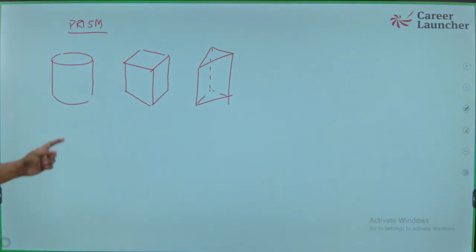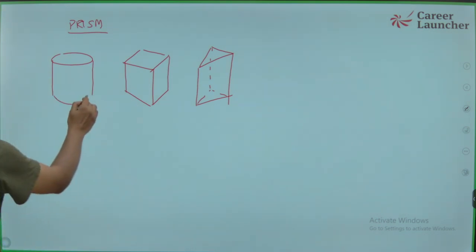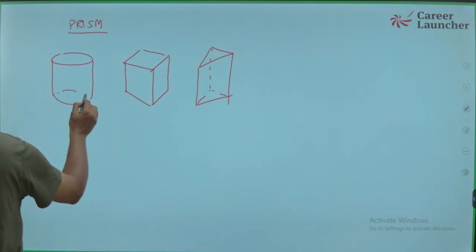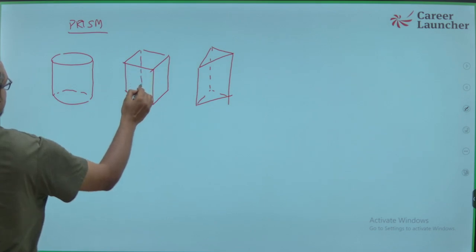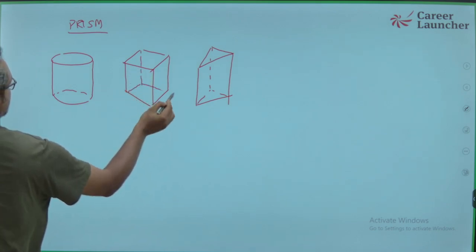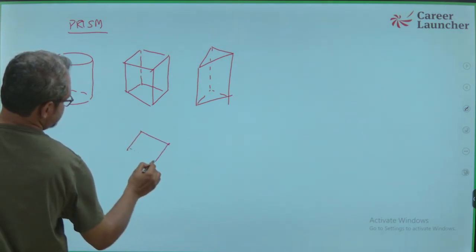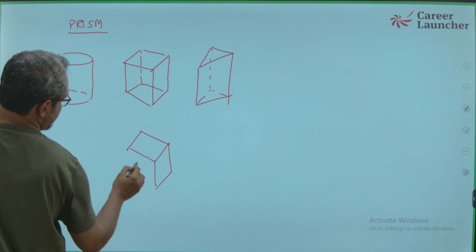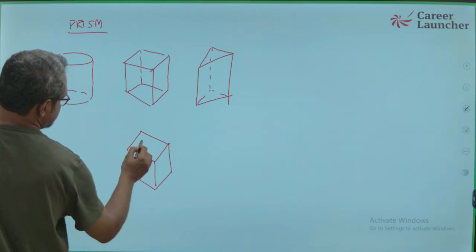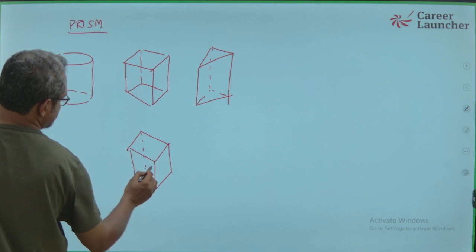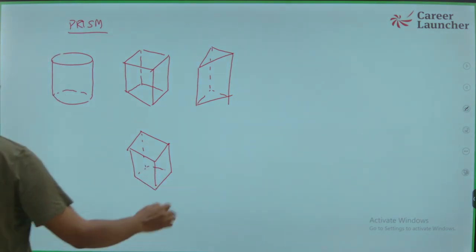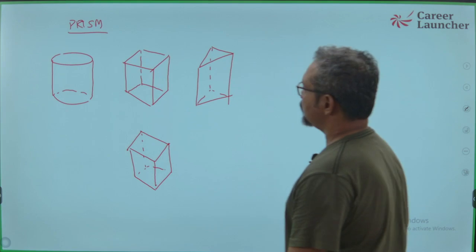Here you have a circular one which is basically a cylinder. Here you have a rectangular one which is basically a cuboid. You can make all the sides equal and then it becomes a cube. And you have a triangular prism and so on.